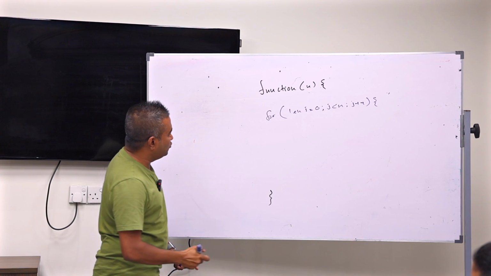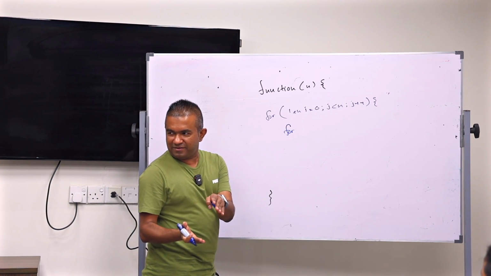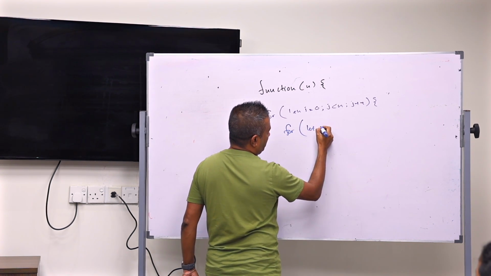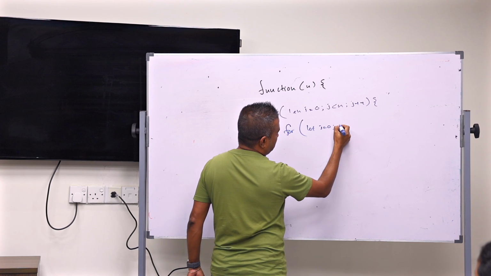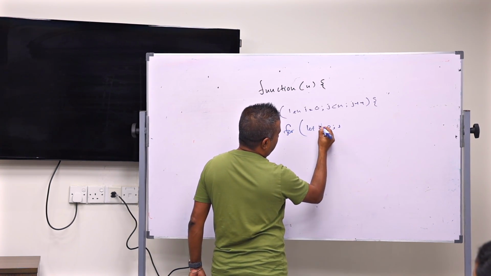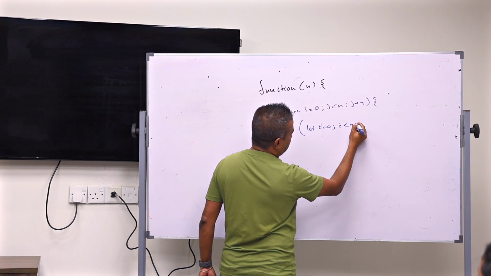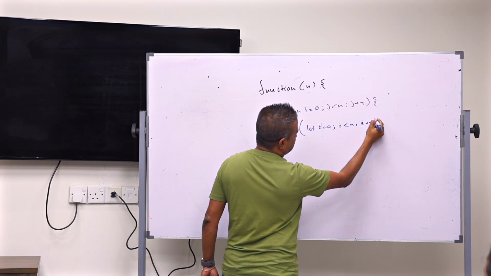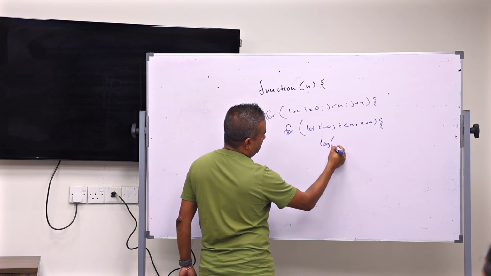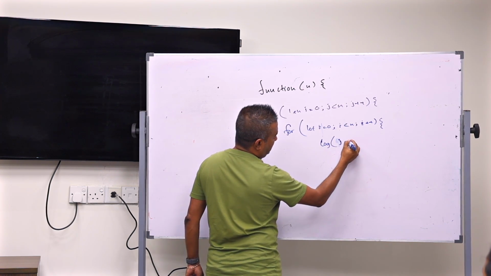And I am going to add another loop here. That means I am bringing that loop inside this one. For let j equal 0, this is j, right, and for let i equal 0, i less than n, i plus plus, and then console log j comma i.